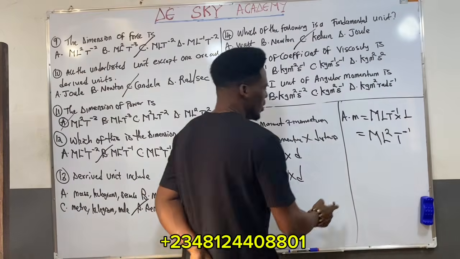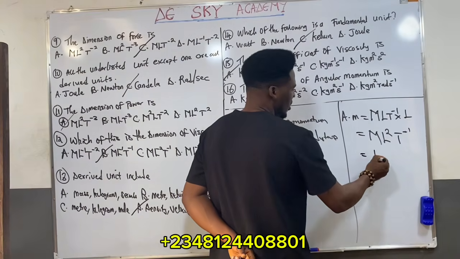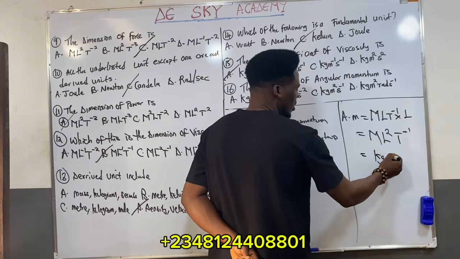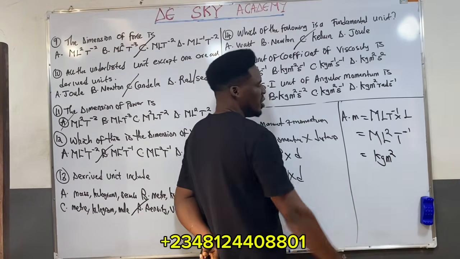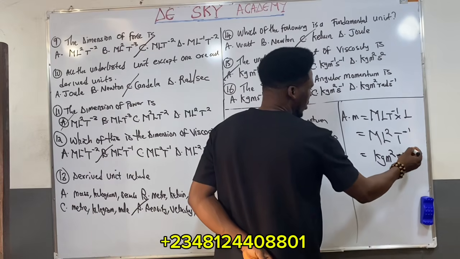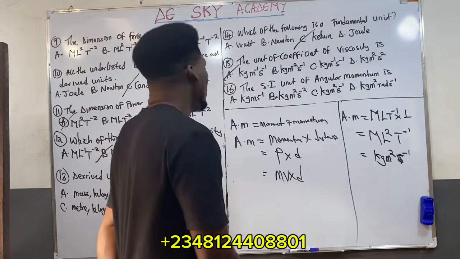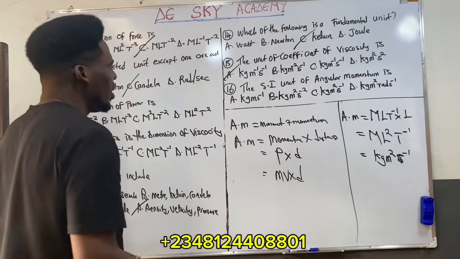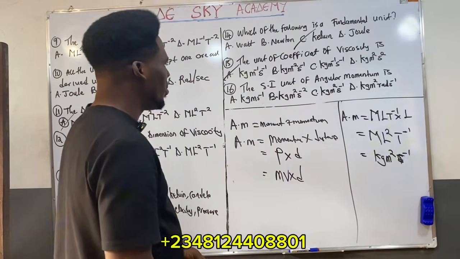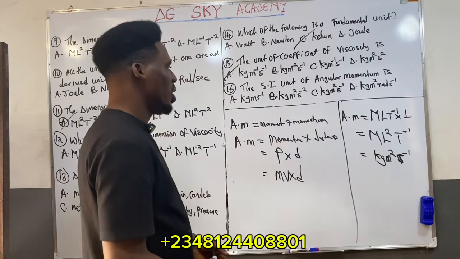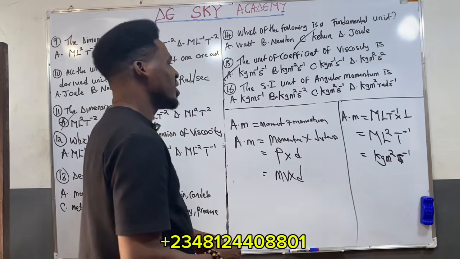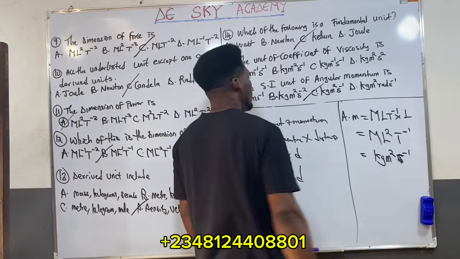So how do you get the unit? The unit of mass here is kilogram. The unit of length here is meter square, while the unit of time here is per seconds. So option A, we have kilogram meter per seconds. No. Option B, we have kilogram meter square per second square. No. Option C, we have kilogram meter square per seconds. Yes, the correct answer is option C.